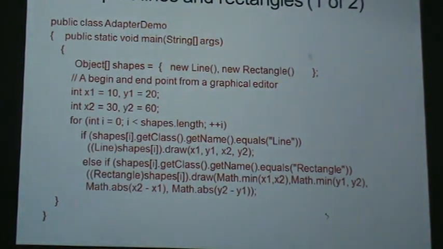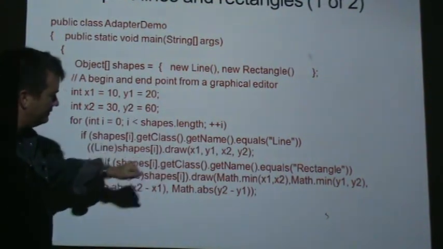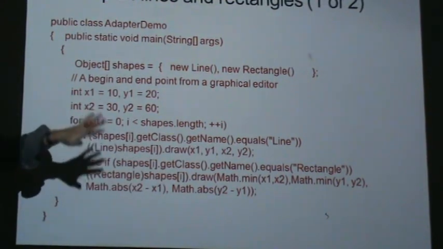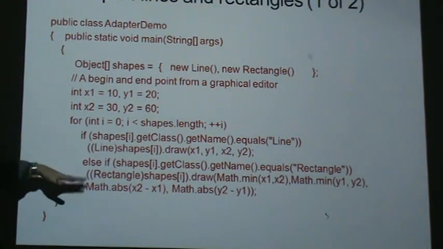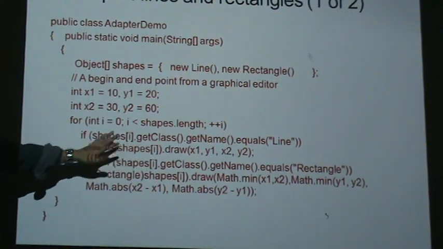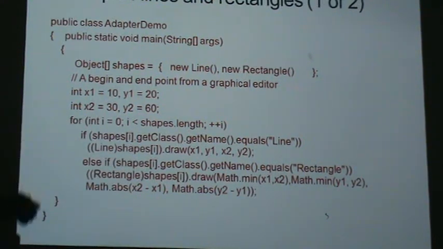So again, the adapter design pattern is really an interface-centric design pattern. What we're basically doing is taking an interface method like draw that has an individual implementation based on the type of object, and then we're able to just go through all these objects, calling the draw one, and it'll just adapt to whatever the type of the object is.